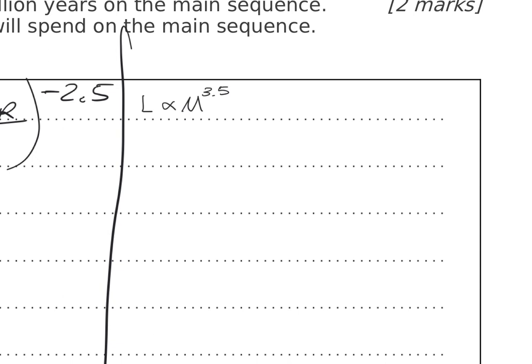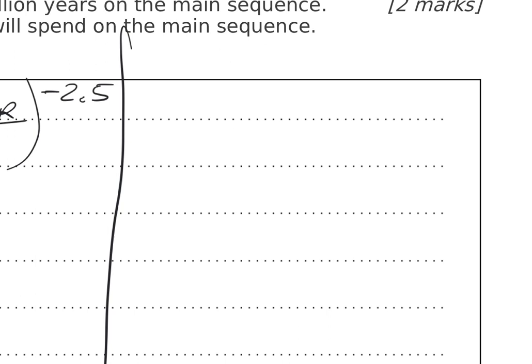That is given in the data booklet. Luminosity is measured in watts, so it's power. Luminosity is energy over time. That's the energy that a star is putting out as a function of time. A star pretty much turns mass into energy by fusion.